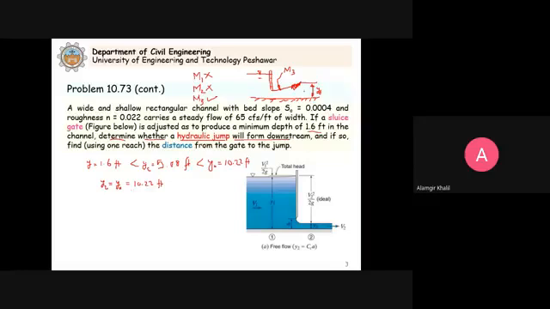So now this is the depth that we are assuming immediately after the jump. Clear? This is your Y2, which is the same as Y0. So this we are assuming as Y2.